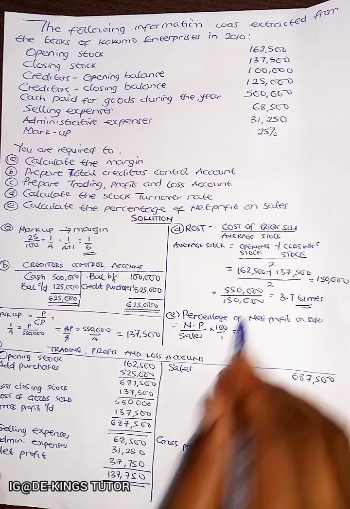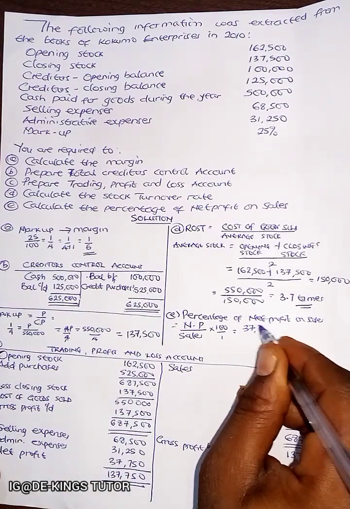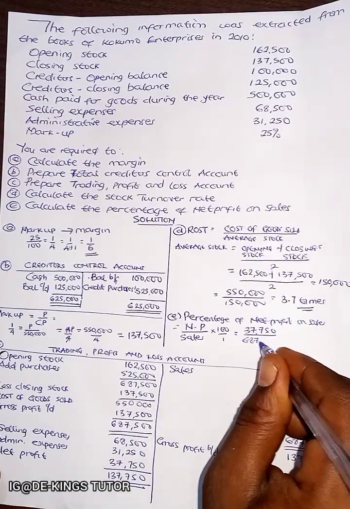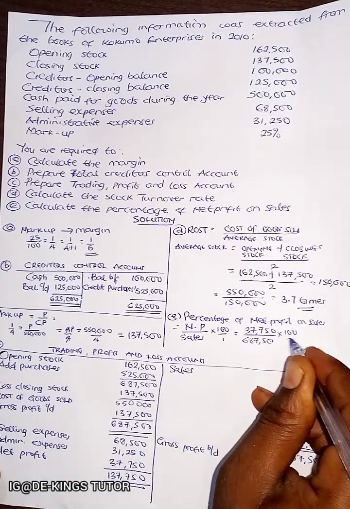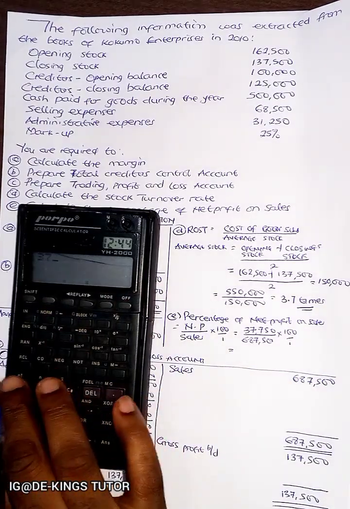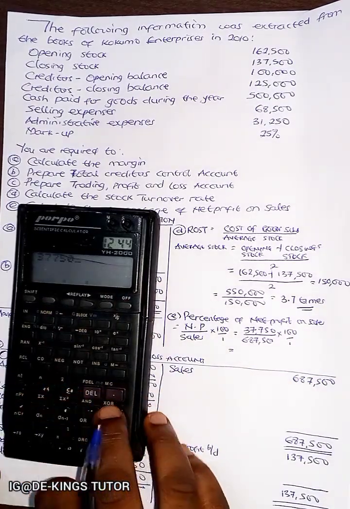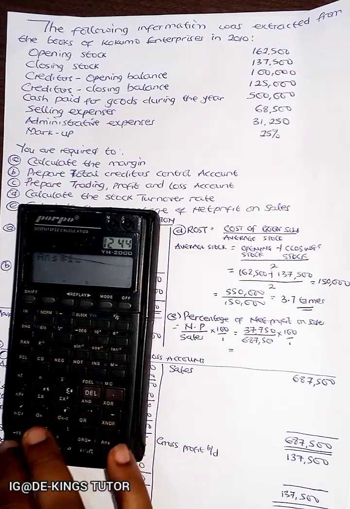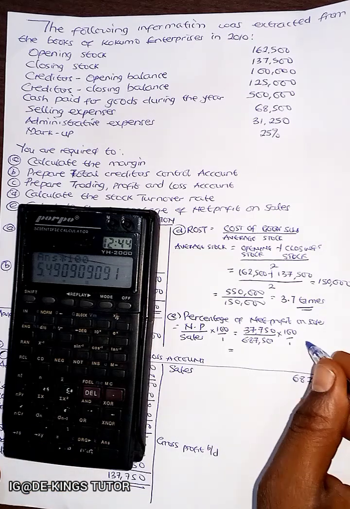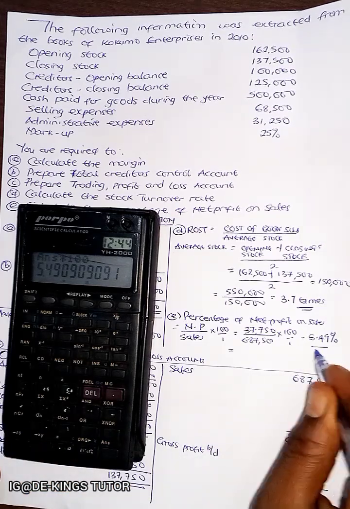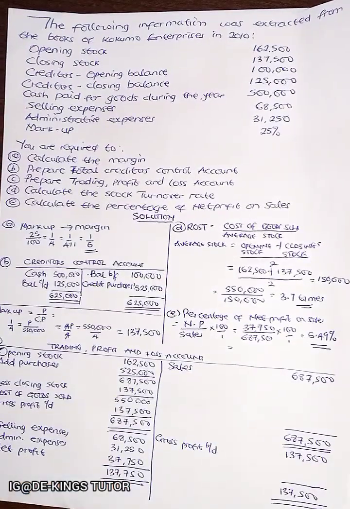Net profit is 37,750 over sales, 687,500, times 100. So it will be 5.49%. Okay, so that's how to solve this question.